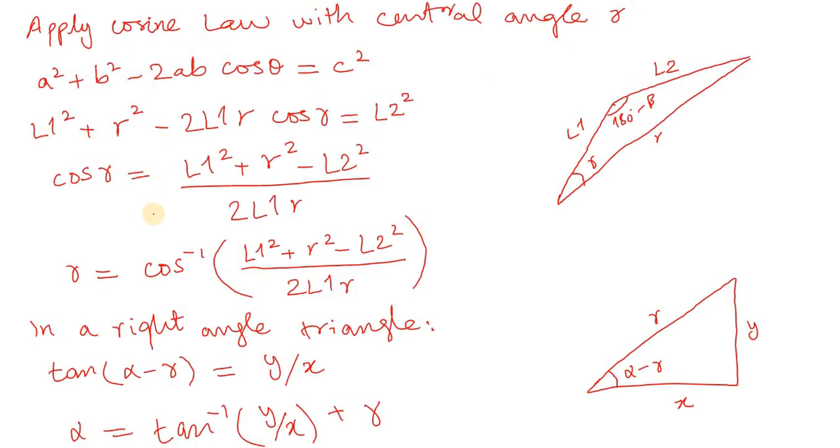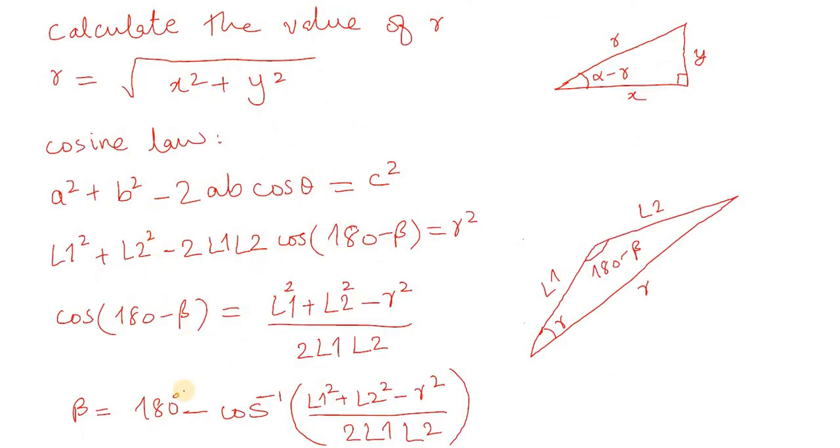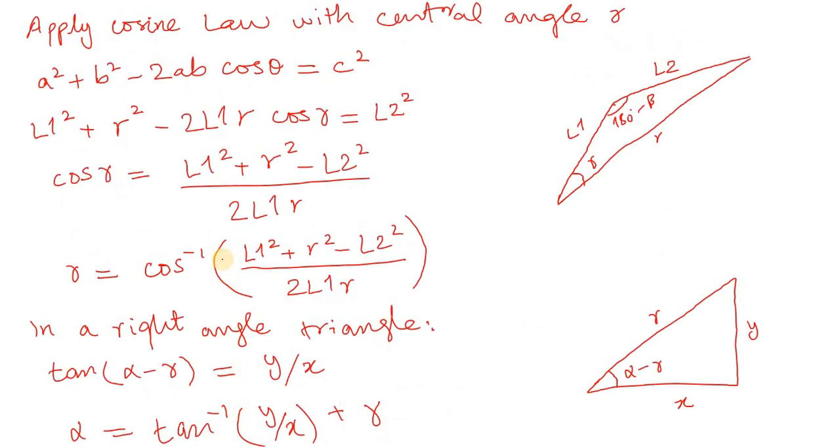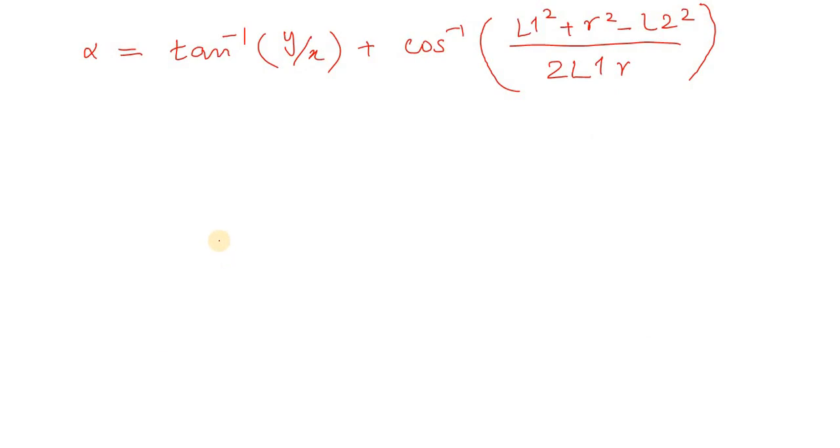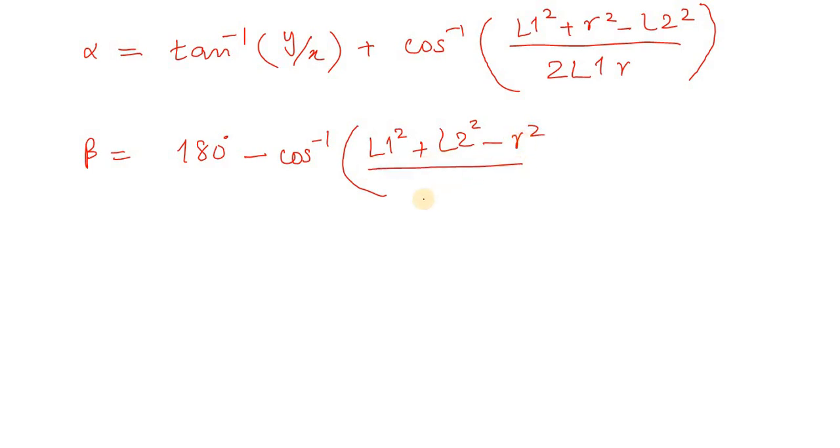So what was the value of your beta angle? Beta we calculated here. So it was 180 degrees minus cosine inverse of L1 square plus L2 square minus R square divided by 2 L1 L2.